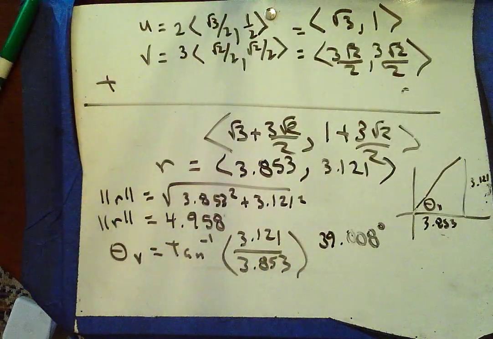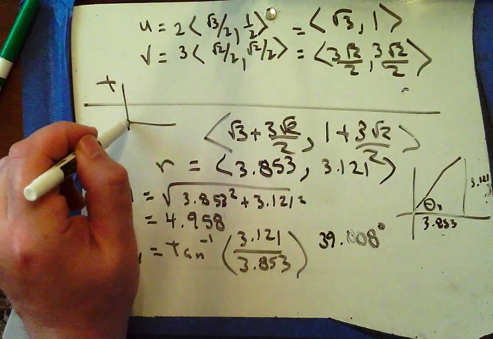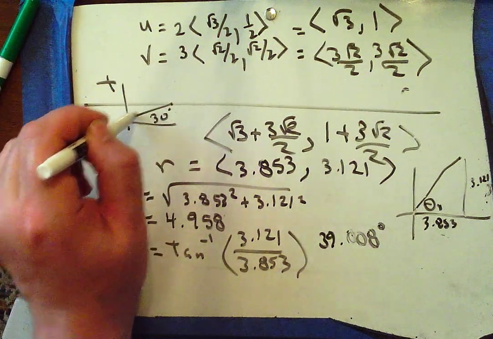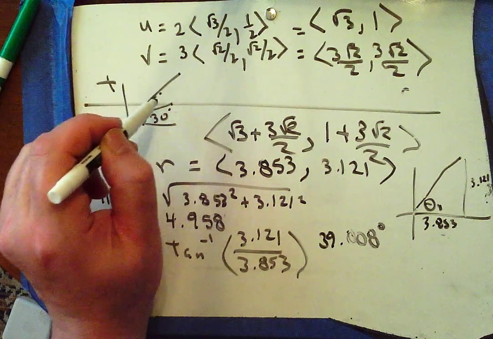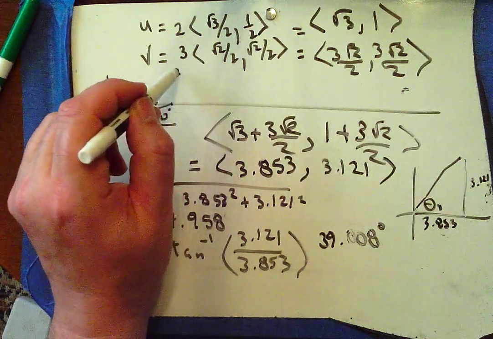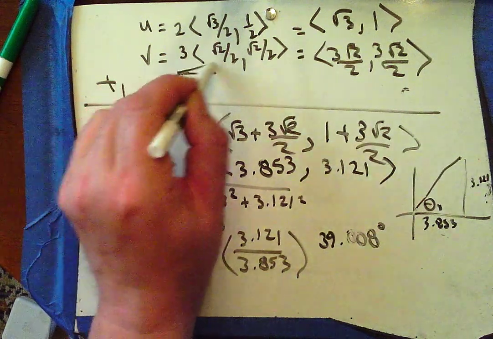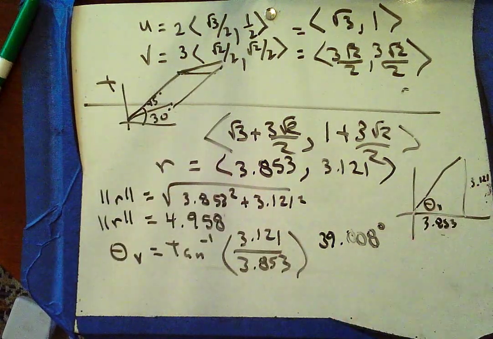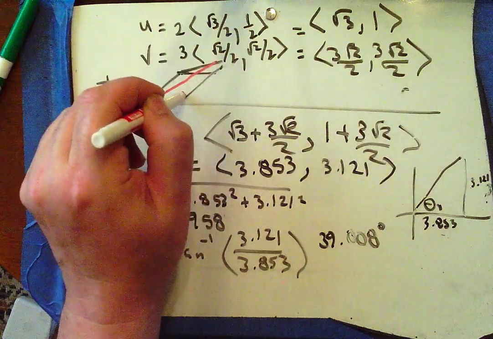And in my mind, that kind of makes sense because remember, we started with one vector that went off at 30 degrees and another vector with a bigger magnitude that went off at 45 degrees. And so if I do this vector addition, my resultant vector is this one. There's my resultant vector, r.